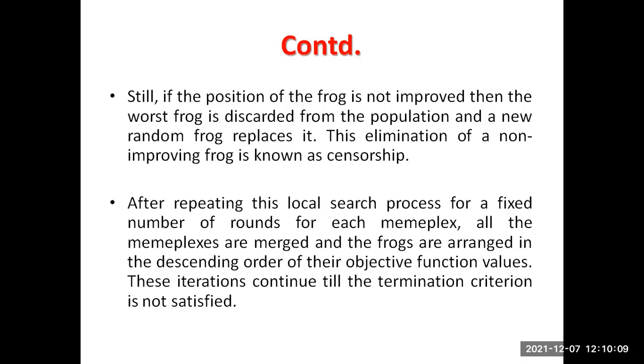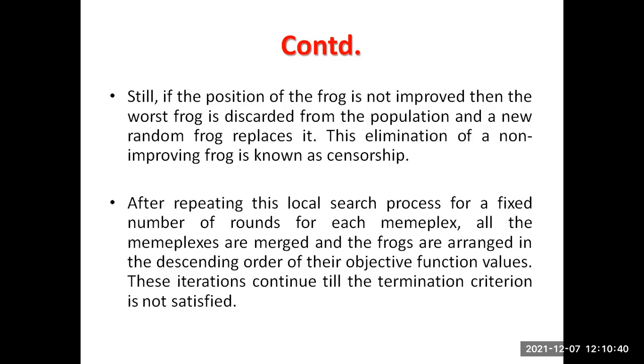When they are given the chance to move in the best direction within each memplex, if we observe that certain frogs are not performing better, those frogs are discarded and a new one is introduced. After that, we merge all these memplexes together and sort them in the descending order of their objective.